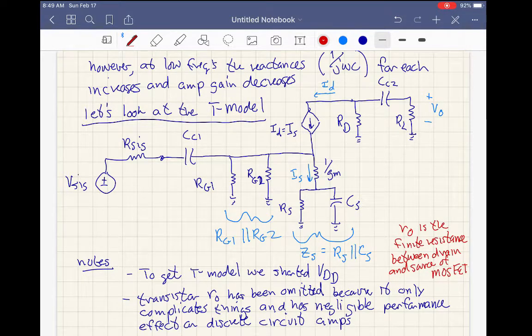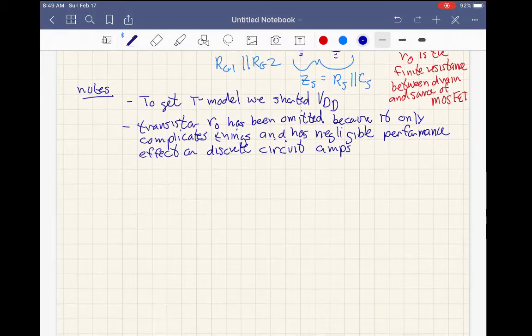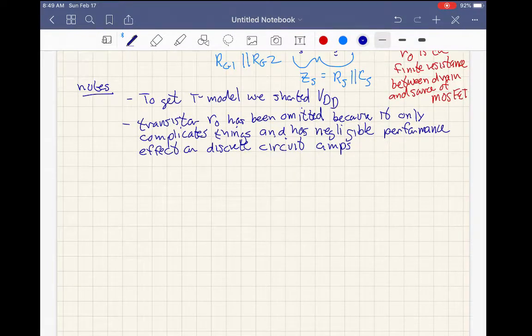Okay, so where are we? You also should recall the overall gain of this amplifier.